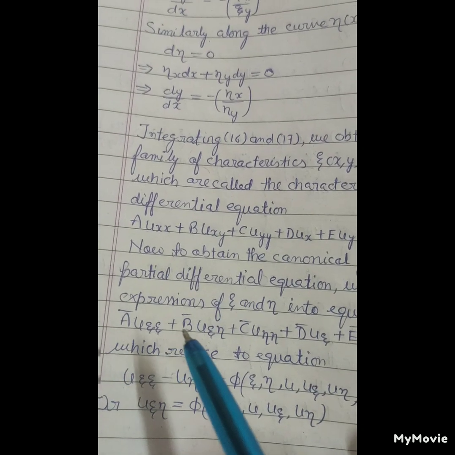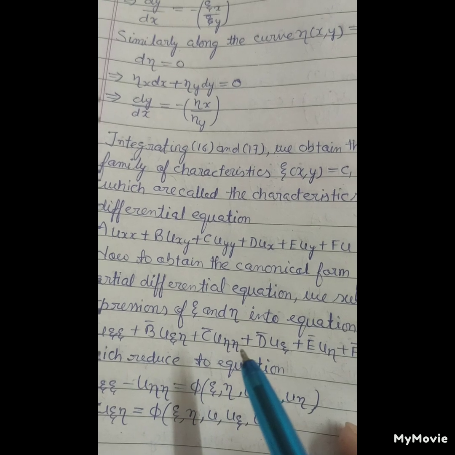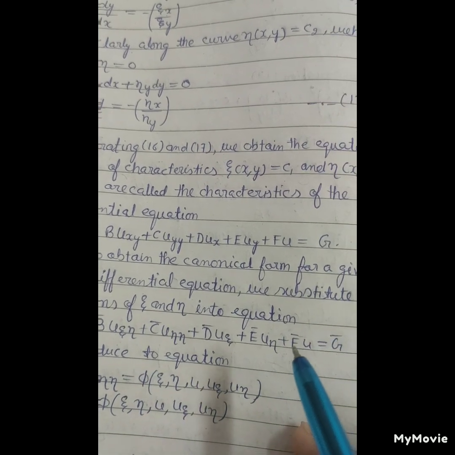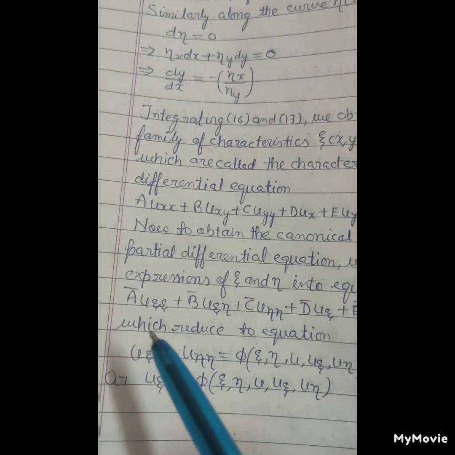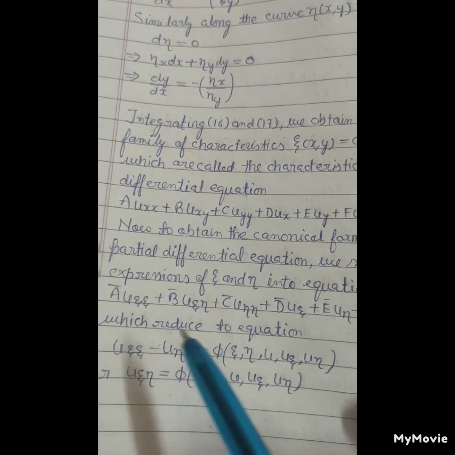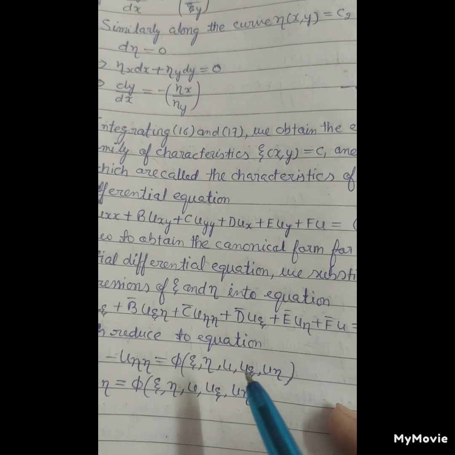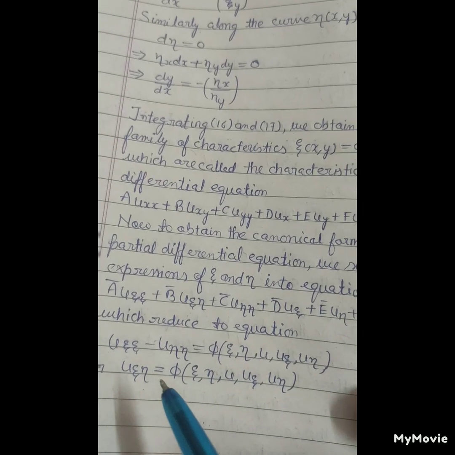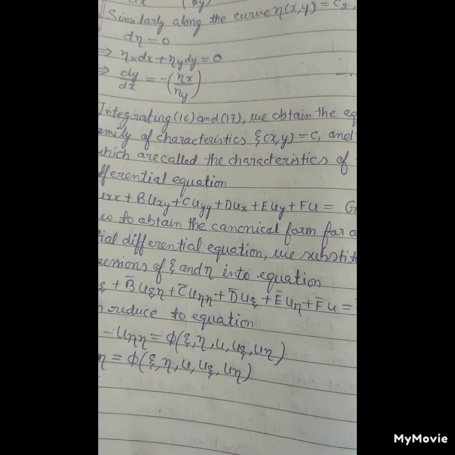So a bar u_ηη + b bar u_ην + c bar u_νν + d bar u_η + e bar u_ν + f bar u equals g bar, which reduces the equation to u_ηη − u_νν equals φ(η, ν, u, u_η, u_ν), or u_ην equals φ(η, ν, u, u_η, u_ν).